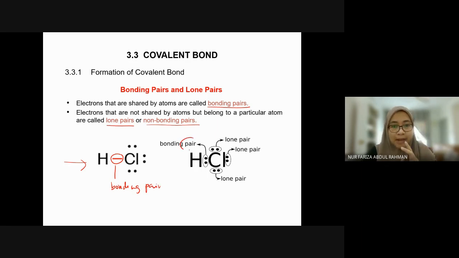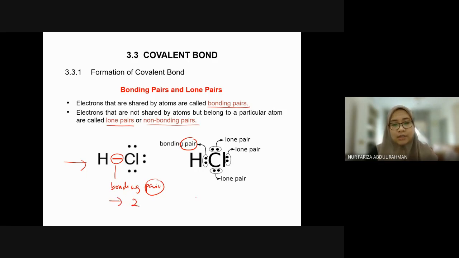When they say pair, you must be alert: one bonding pair consists of two electrons. If they say bonding electrons, that means without the pairing. Understand? So don't get confused. If the question highlights pair, one pair consists of 2 electrons. If the question does not mention pair and says bonding electrons, that means there are 2 bonding electrons.